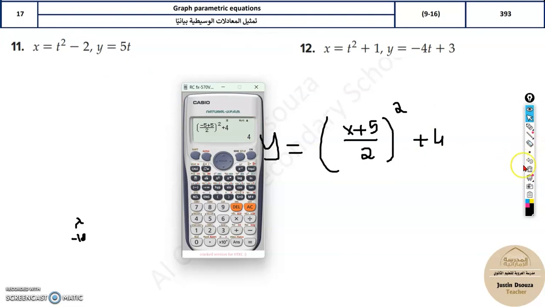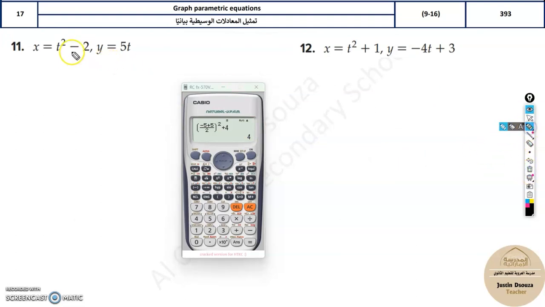Now in this case, you can see there is t square on x. You can try to simplify this and you'll get a square root and all, but instead of that you can simplify the right side. Get y in terms of t. See this equation, solve for t. y divided by 5 is equal to t.